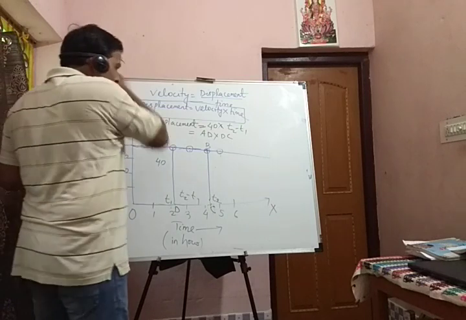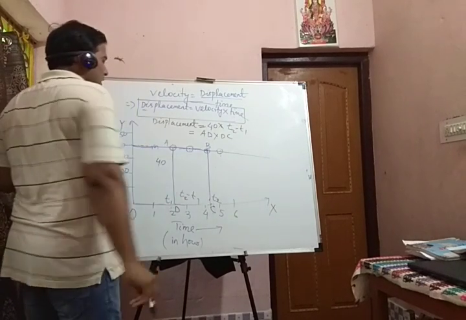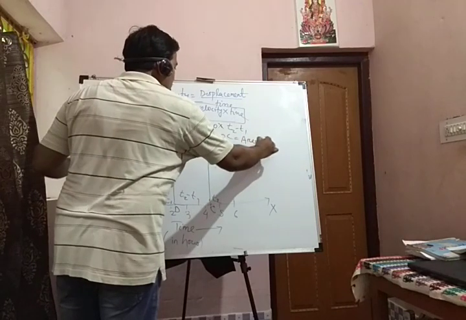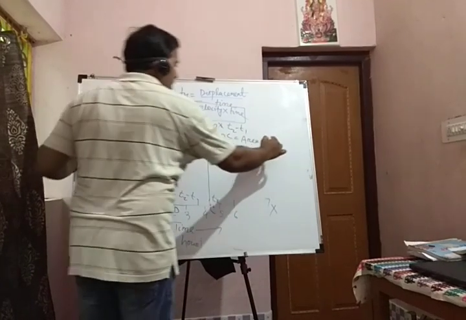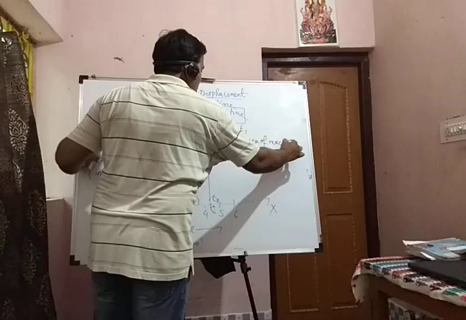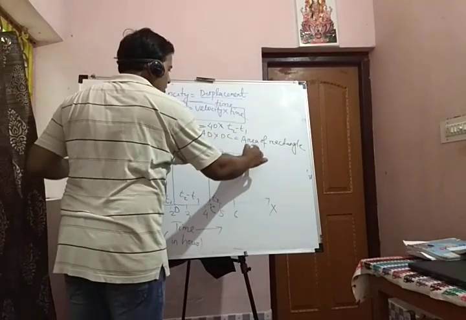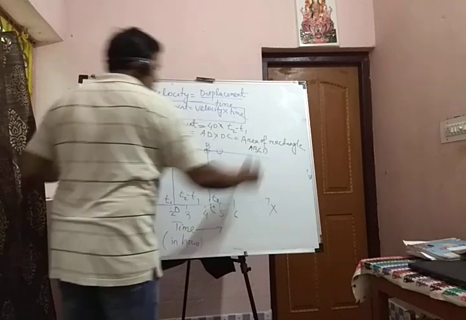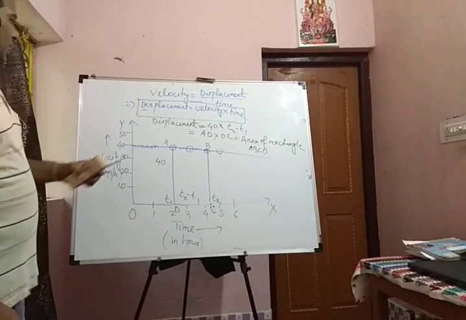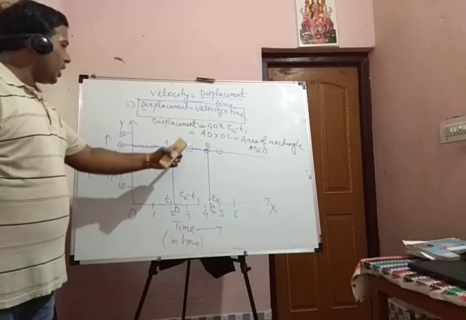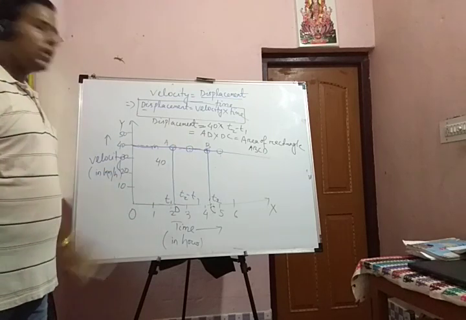So in place of AD into DC, we can write the area of the rectangle ABCD. So the displacement is the area of rectangle ABCD.